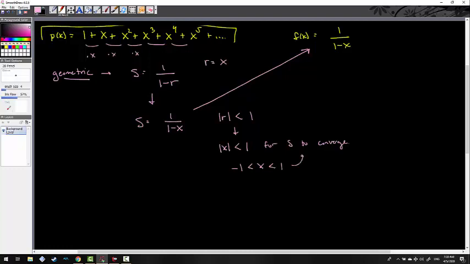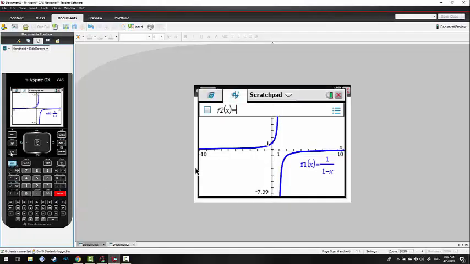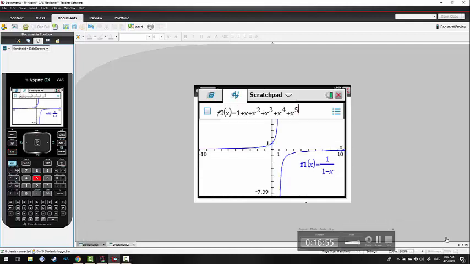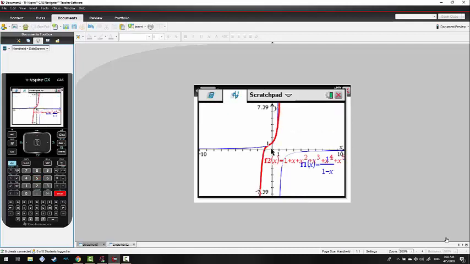Okay, so what I'm going to do is throw down a few terms into my f2. Okay, here are the first few terms, and check this out. If I hit enter, notice how this graph right here models that function right here.